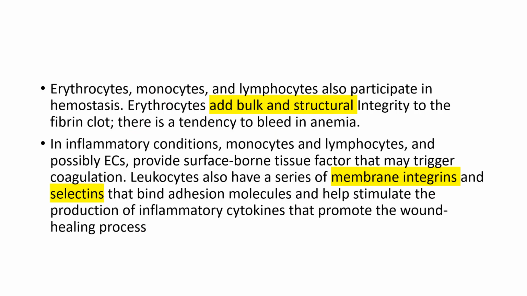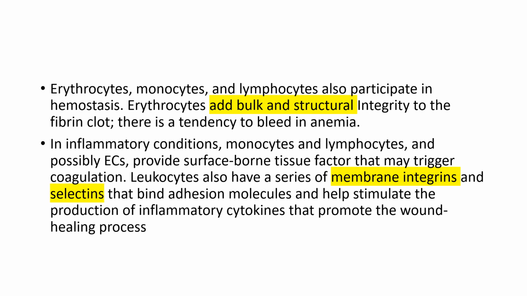Aside from that, blood cells like erythrocytes, monocytes, and lymphocytes are also involved in hemostasis. The role of the erythrocytes is to add bulk and structural integrity to the blood clot, the fibrin clot. However, in anemia, sometimes the red blood cells are lacking, so this may lead to bleeding. There is a tendency for bleeding.